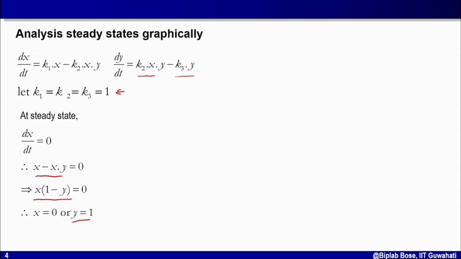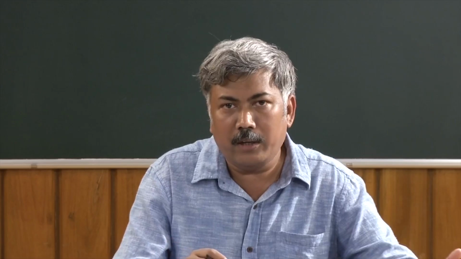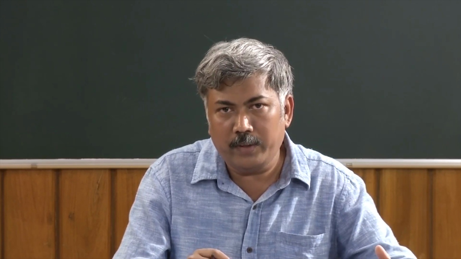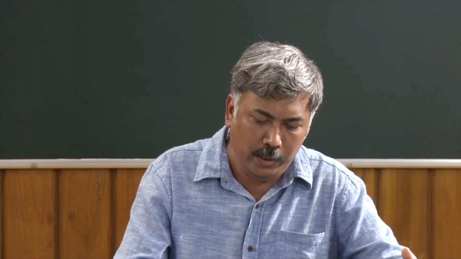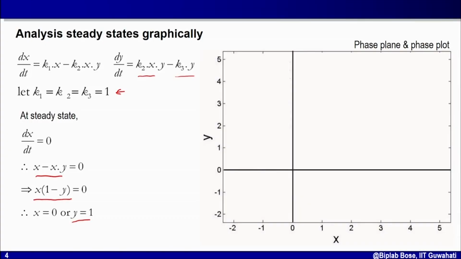Now I want to represent it graphically. How should I do it? Remember, in the case of one variable, I can always plot the dependent variable versus the independent variable, the time. In this case, we will do something else. We will plot y and x, both the dependent variables, in this two-dimensional space.